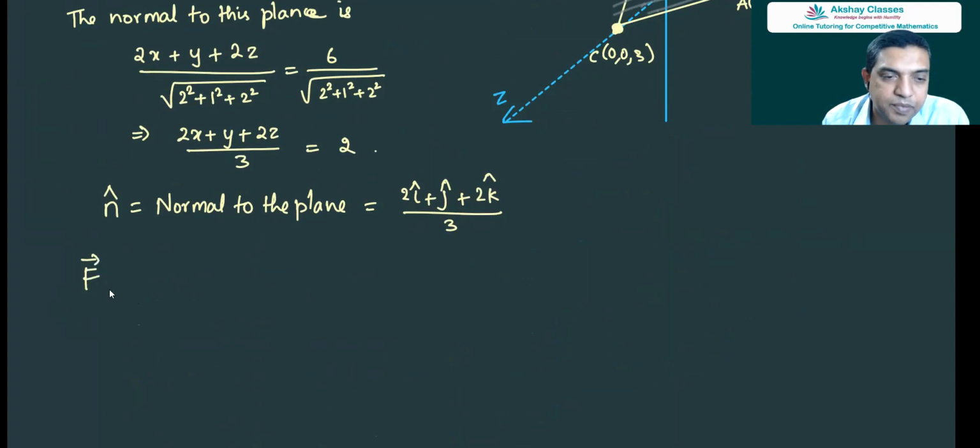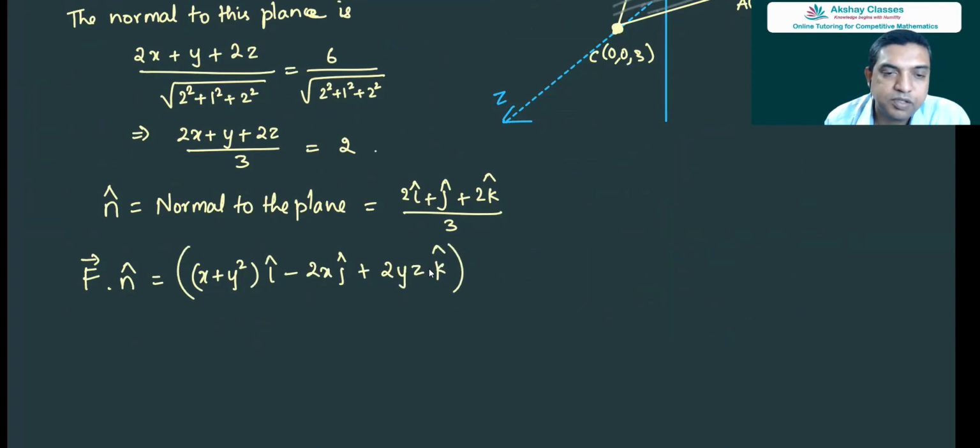F dot n cap: f was (x plus y square) i minus 2x j plus 2yz k, dot n cap, (2i plus j plus 2k) upon 3.